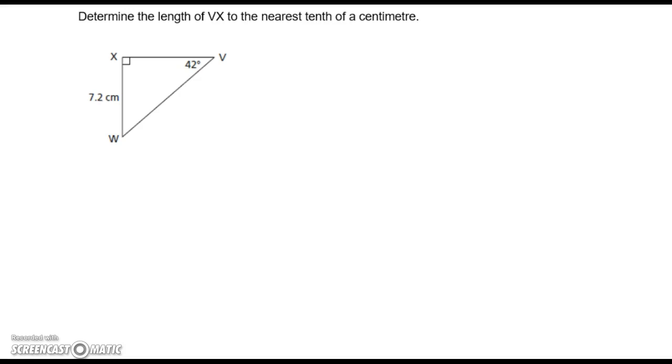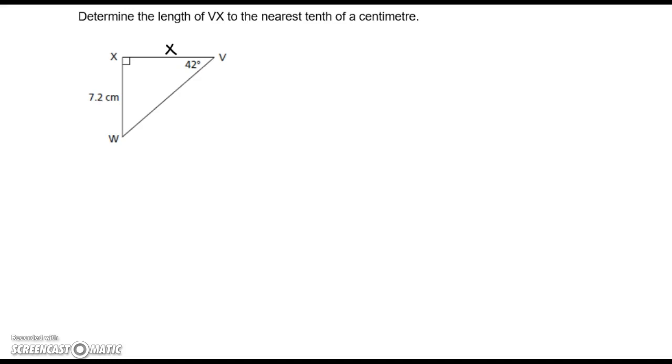That goes from the vertex V to the vertex X, so that's this side right here. I can label that side x if you like. It can really be any letter you like, but typically in math, our first letter is usually x.